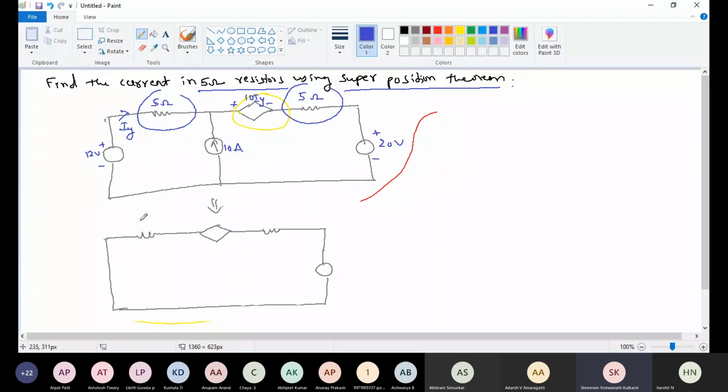Then this 20 volt, I opened this, I shorted this. Okay, now 5 ohm 10 IY plus or minus. Okay, IY is in this direction, plus minus plus minus plus minus. This is 20 volt. Now apply KVL.